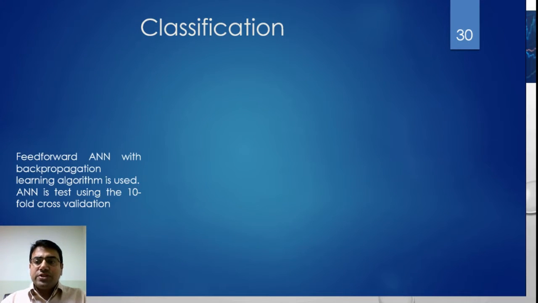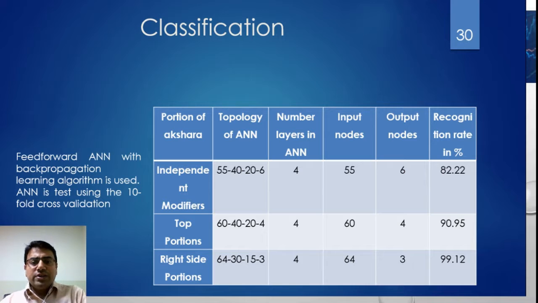These are the classifications which are carried out. Initially, the classification rate corresponding to independent modifier is shown. As I already told you, the artificial neural network is used to perform the recognition of independent modifier. So this is the topology of the artificial neural network.